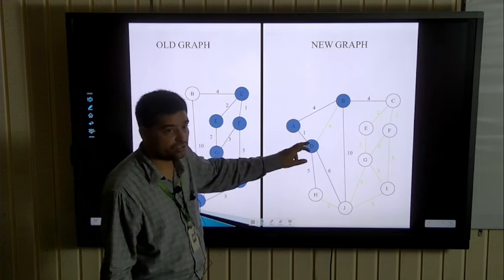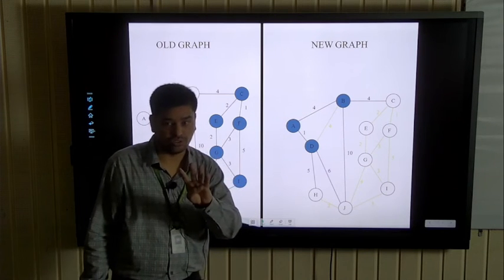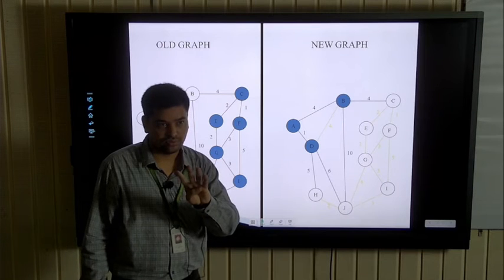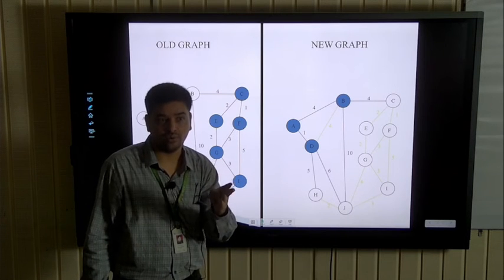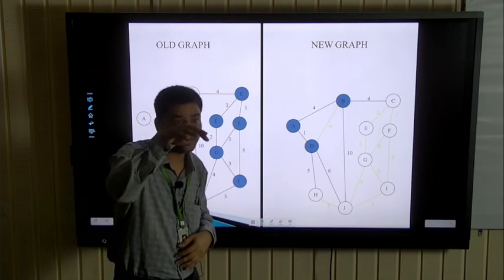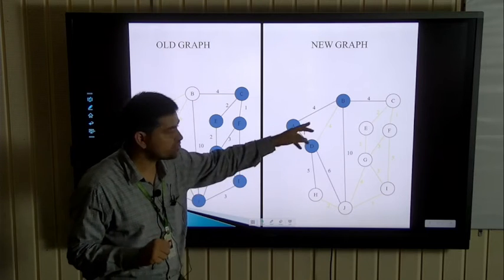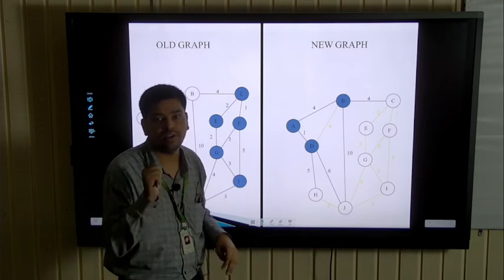Now we have three nodes, A, D and B. So we compare the edges that connect these three nodes, compare all the edges that exist on the three nodes and select the minimum one.